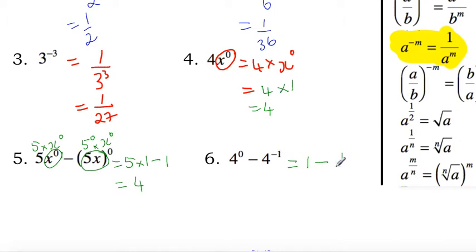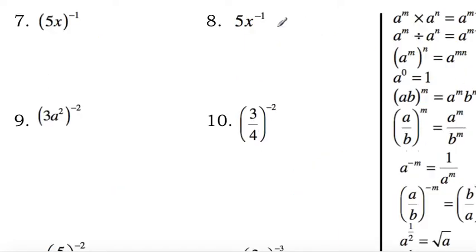So we put it 1 over, the base stays the same, the power becomes positive, which of course is just 1/4. So then we have 1 minus 1/4 is just 3/4. And that's it. So that's practicing those. They're more straightforward. Let's look at some trickier ones now.